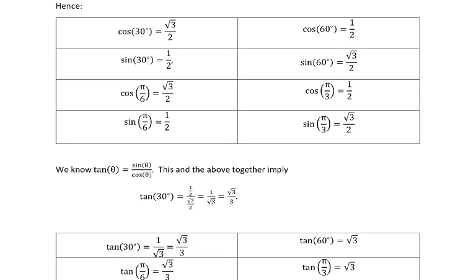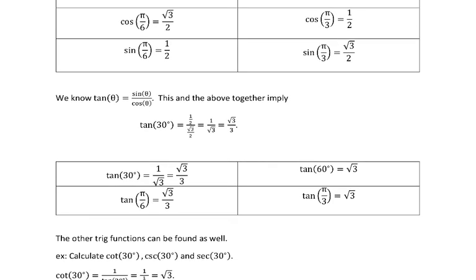And then again, just like I said a few minutes ago, we can get all the trig functions in terms of sine and cosine. So we know tangent is sine over cosine. So this is tangent of 30 degrees. And again, it is right to say it's equal to 1 over radical 3. But here, what I'm doing is rationalizing. In other words, I don't want a radical in the denominator, so I'm basically eliminating it.